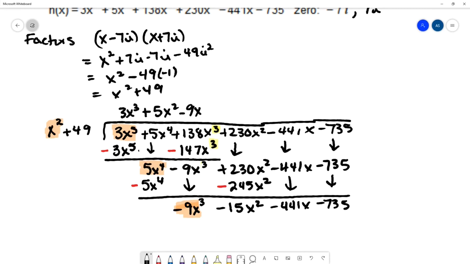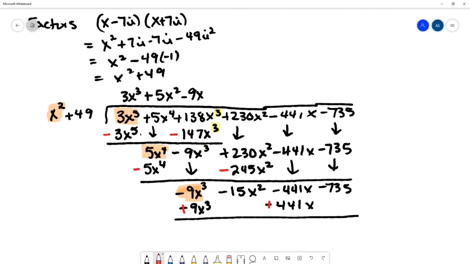Negative 9x times x squared would give me negative 9x cubed. Negative 9x times 49 would be 441x, and that would be negative. I'll change the signs. Negative 9x cubed and 9x cubed will become 0. Carry down this next term, negative 15x squared. Negative 441x and 441x become 0, and I'll carry down this next term here.